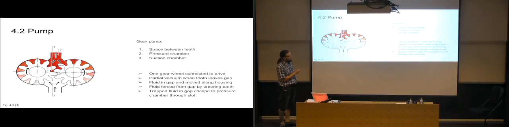But at a certain point, this tooth will close off here, so that it will make it impossible for the hydraulic fluid to escape between the teeth there. And it will still be moving inwards here, so you would create a lot of pressure inside there, because you basically have incompressible fluid caught between two teeth there. So that is why they have this slot, which they have shown with just these hidden lines here.